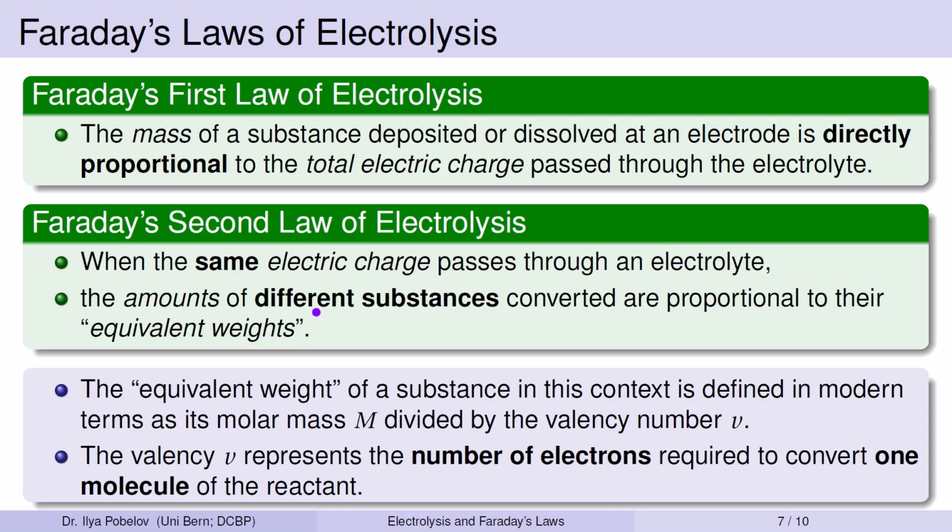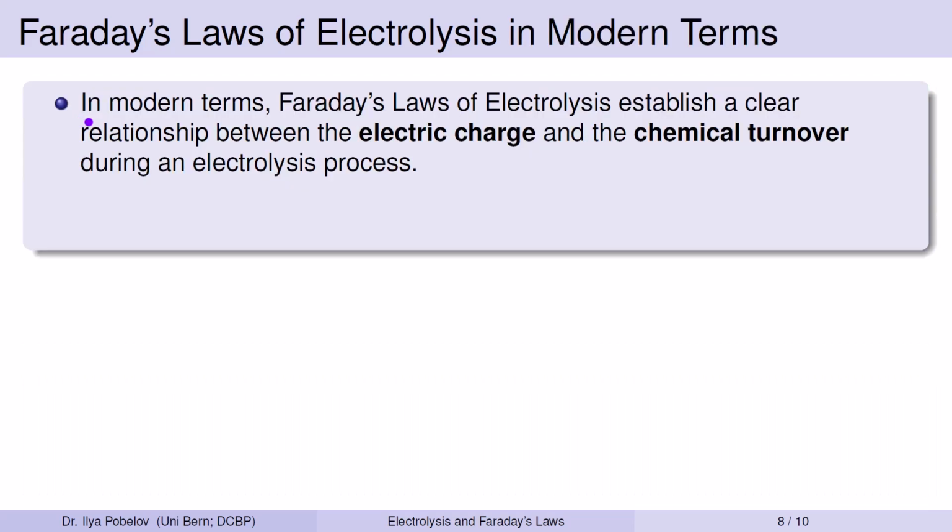This law essentially links the amount of substance transformed during electrolysis to its chemical properties, particularly its molar mass and valency. In modern terms, Faraday's laws of electrolysis established a clear relationship between the electric charge and the chemical turnover during an electrolysis process.